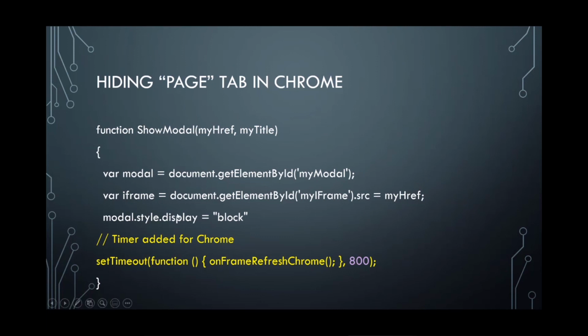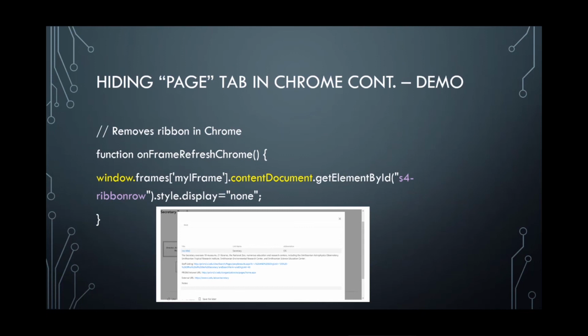All of this was the same as before, but I just added this setTimeout function specifically for the Chrome browser. So now I had a new function specifically for Chrome where I had to use window dot instead, because Chrome needed something different, apparently, and also contentDocument instead of just document to set those changes for Chrome.